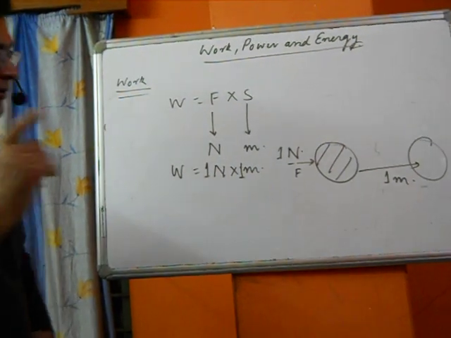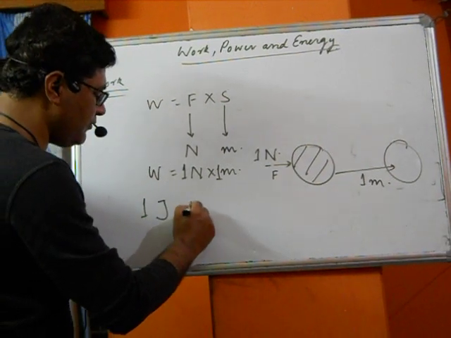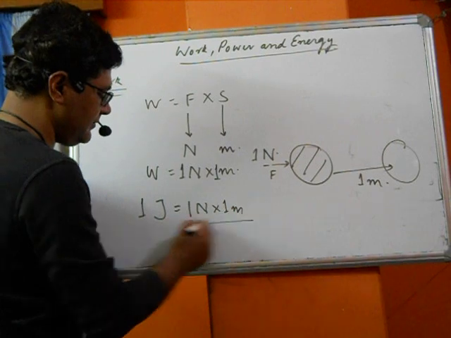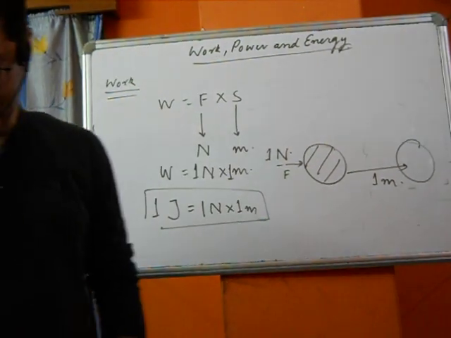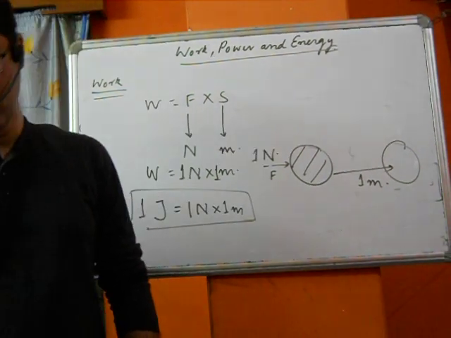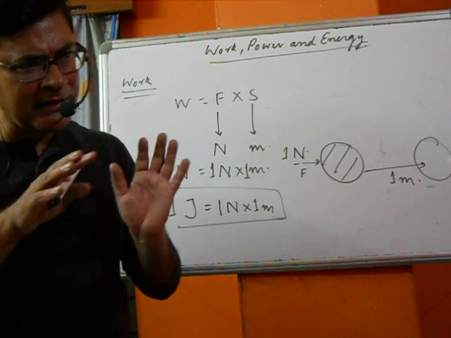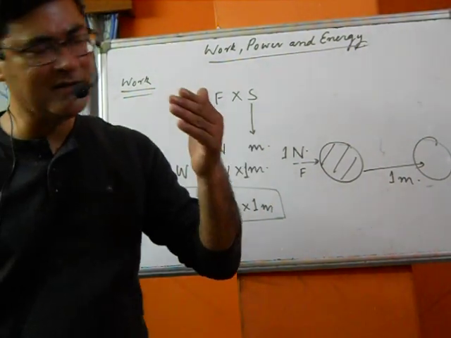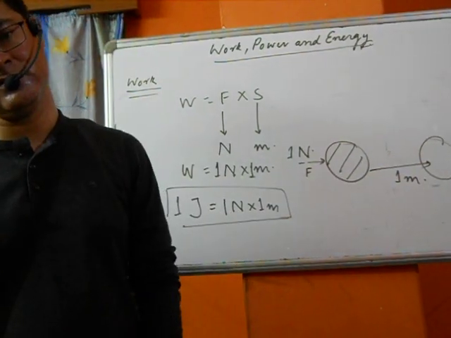Then the amount of work done is said to be 1 joule. 1 joule equals 1 Newton into 1 meter. Please remember this, very important. So 1 joule is the work done when a force of 1 Newton displaces the body through a distance of 1 meter, towards the direction of force.